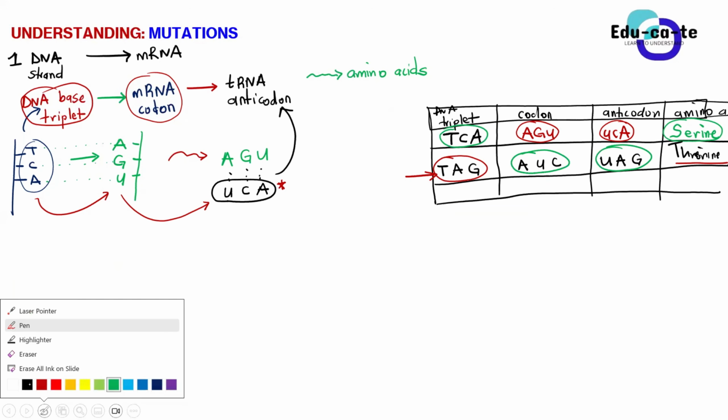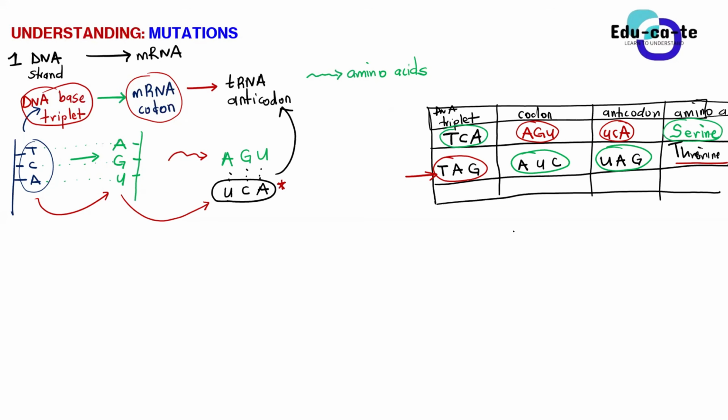Instead, when they write the tables, they'll only give you two things. They won't give you the DNA-based triplet and the codon and the anticodon. They can just give you the mRNA codon and the amino acid that is being coded.